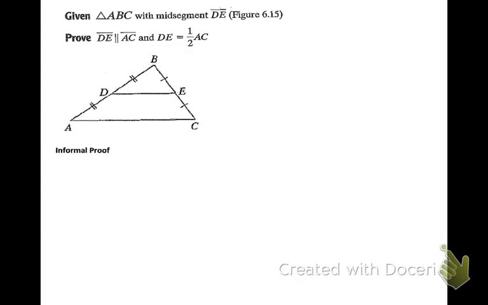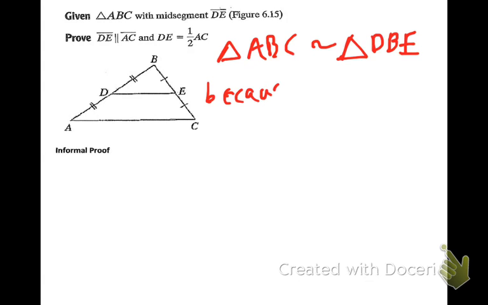In the informal proof, let's say we've got triangle ABC, the overall big triangle ABC is similar to triangle DBE because angle B is congruent to angle B, right?